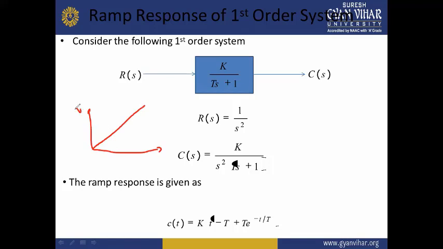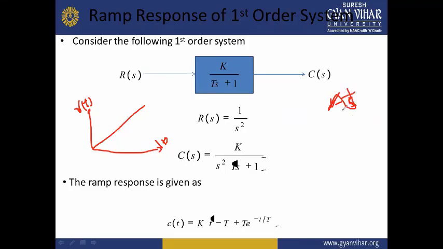This is your r(t). The ramp function is defined by r(t), and in the S domain, R(s), which is equal to A upon s squared, or in the time domain we call it At.